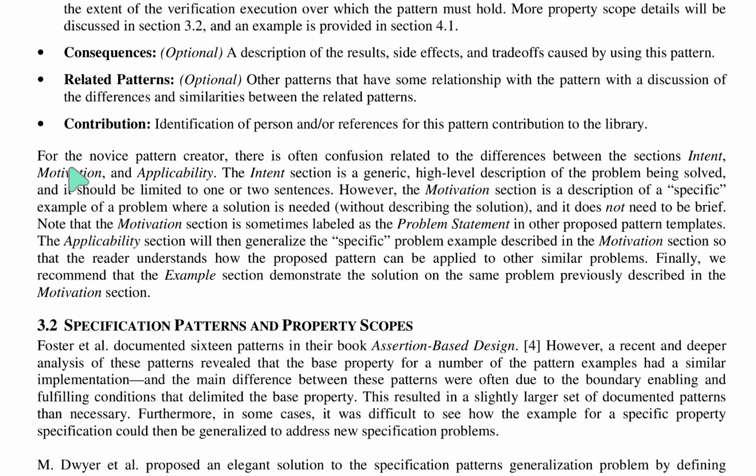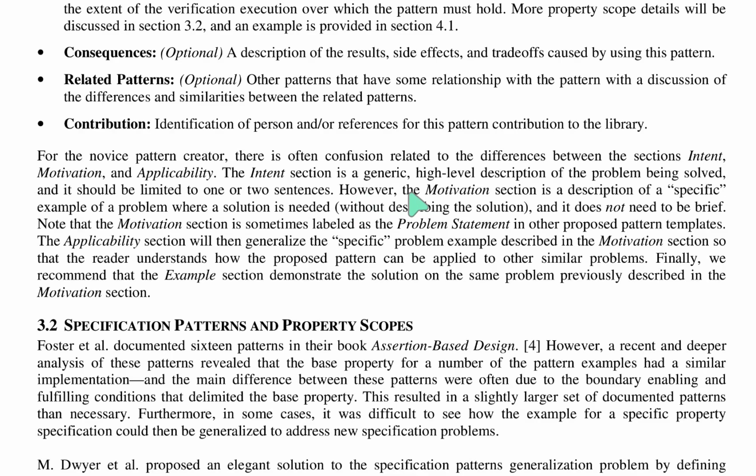For the novice pattern creator, there is often confusion related to the difference between the sections intent, motivation, and applicability. The intent section is a generic and high-level description of the problem being solved, and it should be limited to one or more sentences.